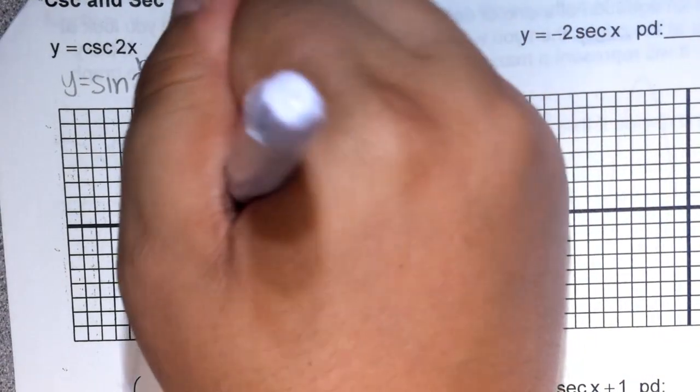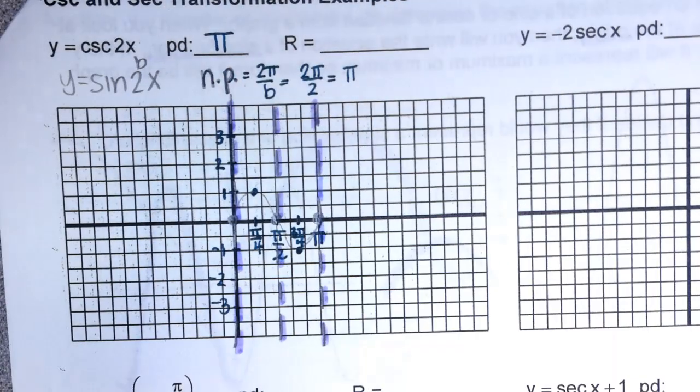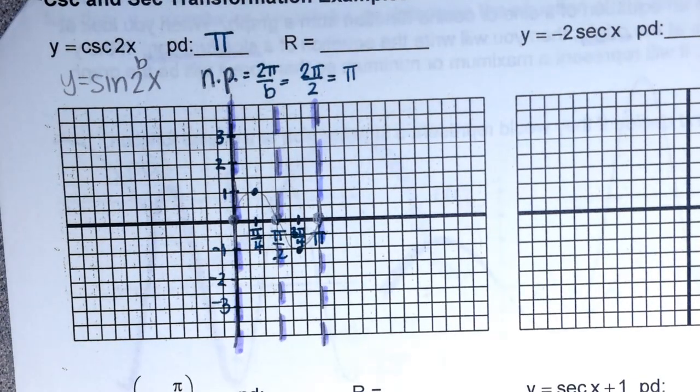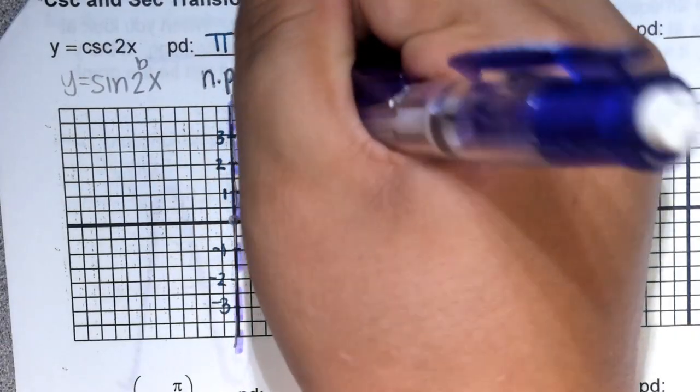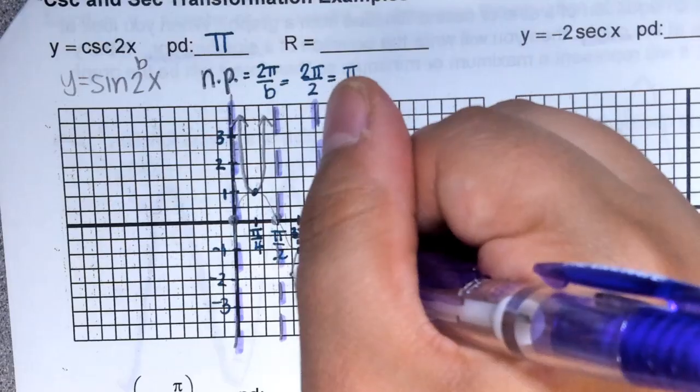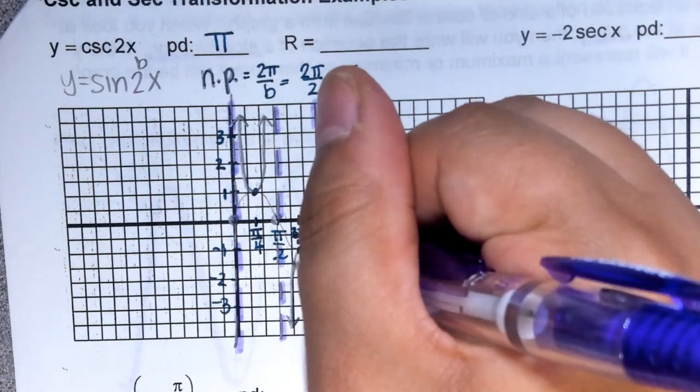Again, make sure I can see you have an asymptote there. At 1, what am I going to do? Curve up. And at negative 1, curve down.